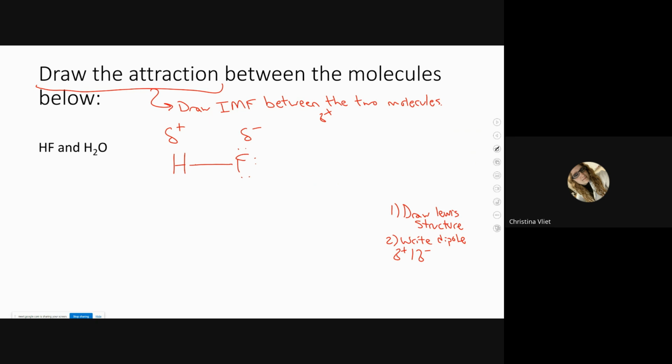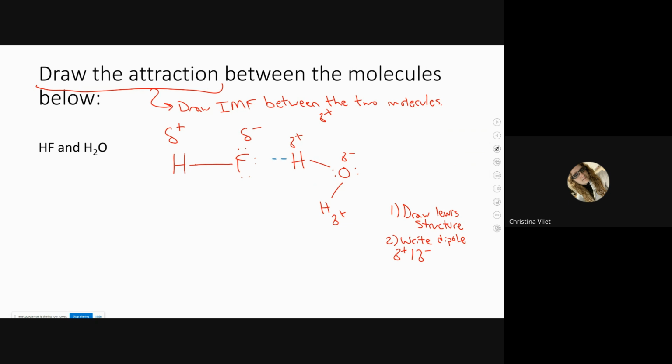So the positive end of a water molecule, so hydrogen, would be attracted, because this is less electronegative, to the negative end, whereas, and I'll show the other side too if you want me to. You don't have to show more than two yourself, but I can show more than two.